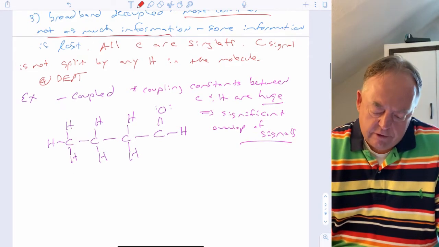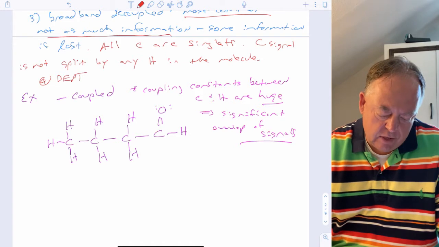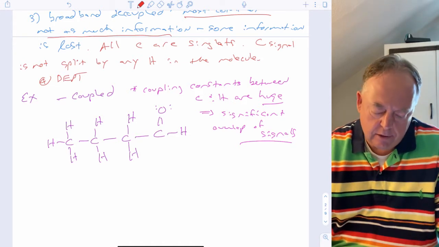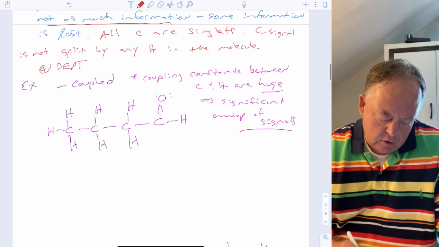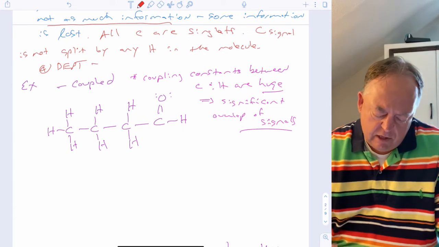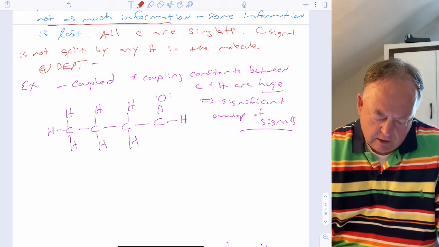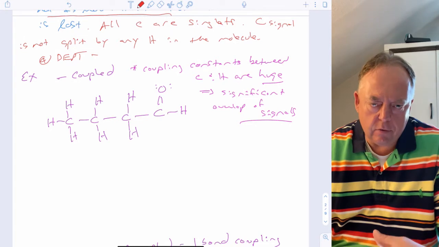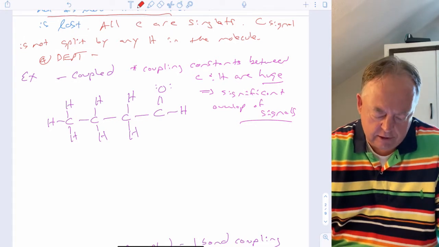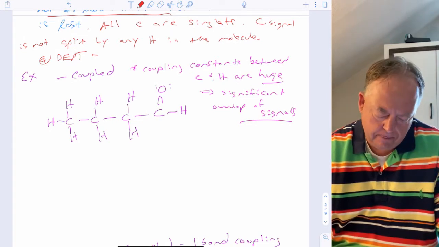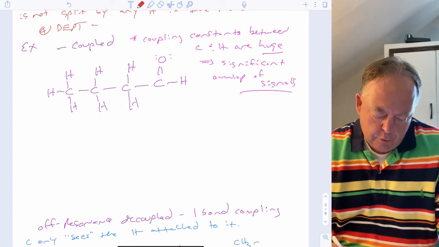In this case, all carbons are singlets, so carbons are not split by any hydrogen in the molecule. Or you can do what's called DEPT. Those would be the main 4 that we look at. For a graduate course, we'll look at some other carbon-13 NMR experiments that can be done. Okay, so let's go through these 4 different ones.